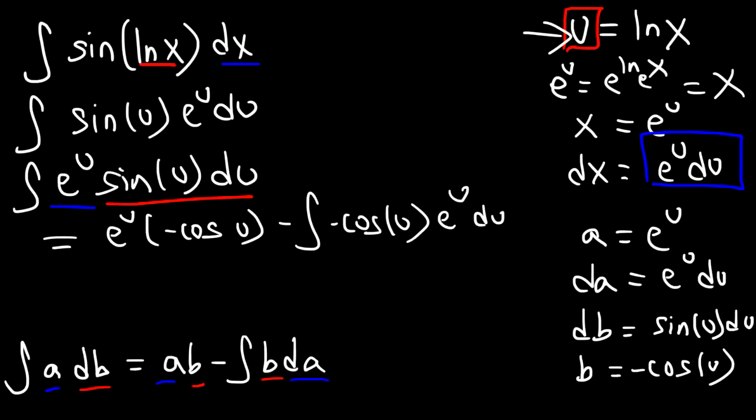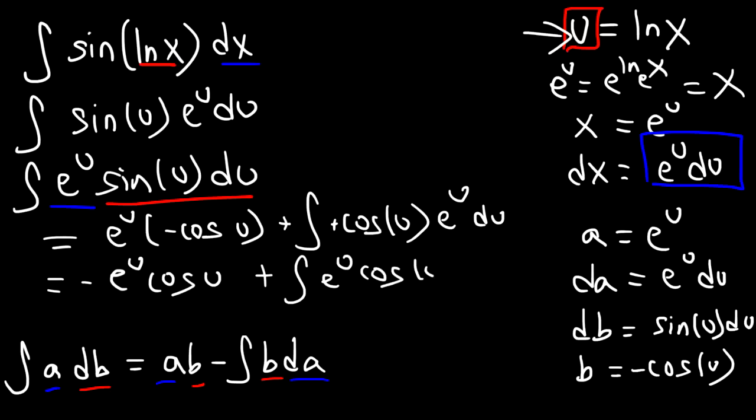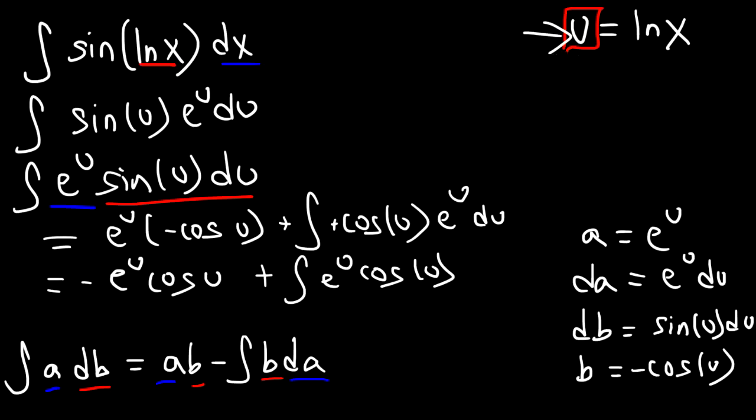Now we're going to have to use integration by parts on this expression. But first, let's rewrite it. So this is the negative e to the u cosine u, and then the 2 negative signs will cancel, so plus the integral of e to the u cosine u. So we're going to use the same letters.